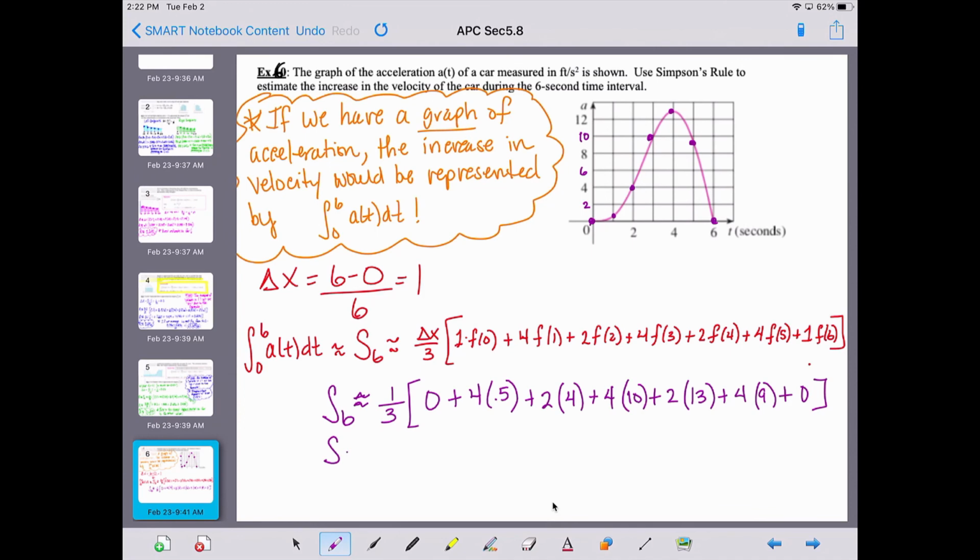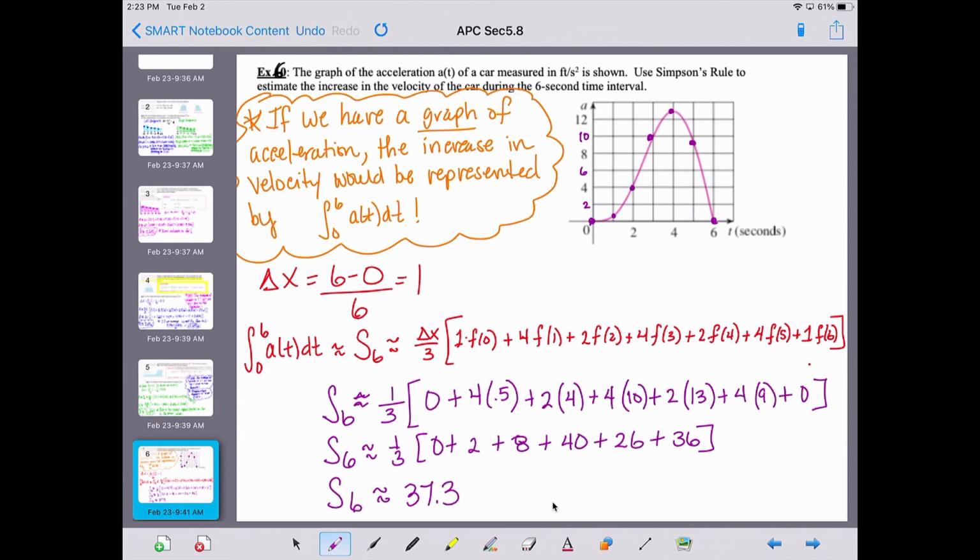My S sub 6 is approximately equal to 1/3 times 0 plus 2 plus 8 plus 40 plus 26 plus 36. Add those together, divide by 3, and we get S sub 6 is approximately equal to 37.3.